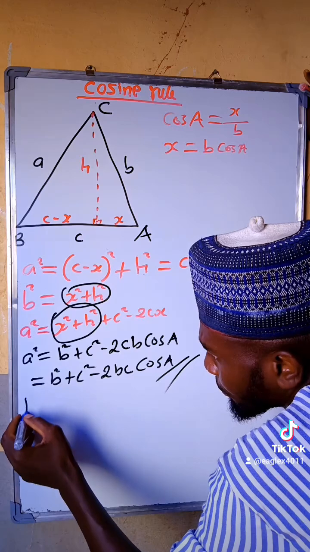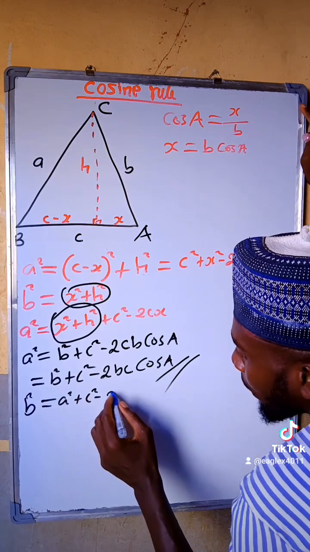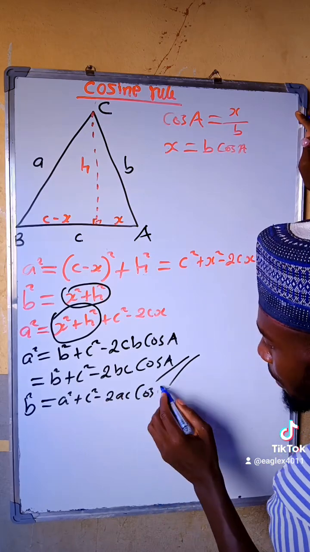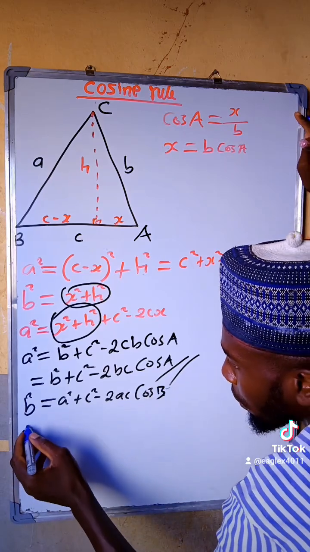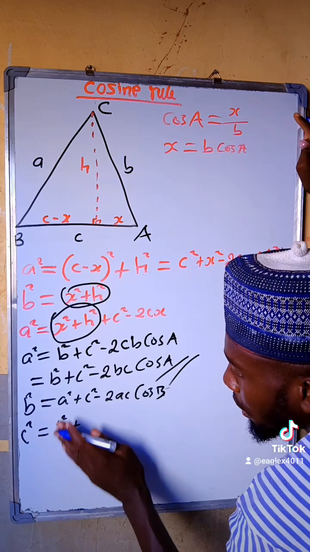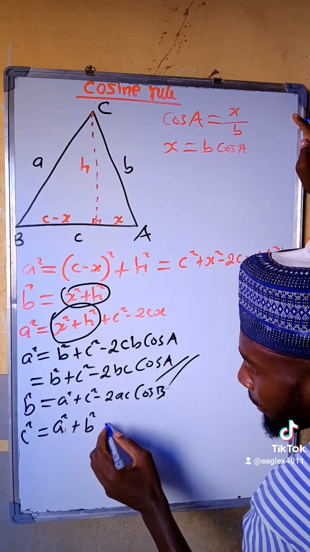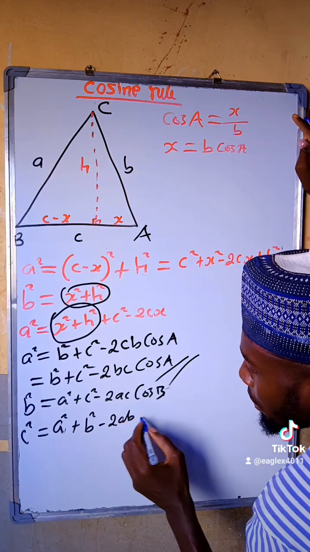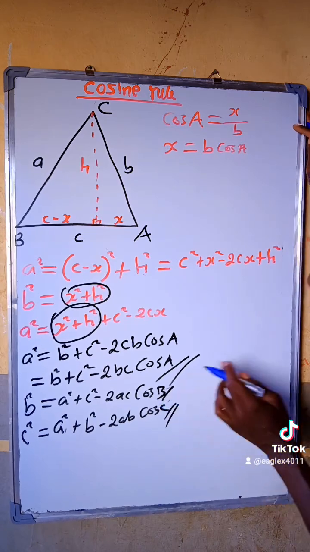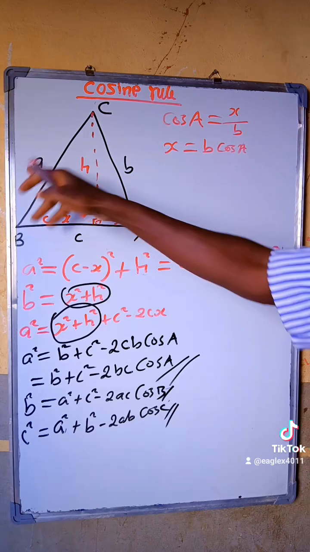And the same thing for B: b square is equal to a square plus c square minus 2ac cos B. Also, c square is equal to a square plus b square minus 2ab cos C. These are the three formulas to find the value of any side.